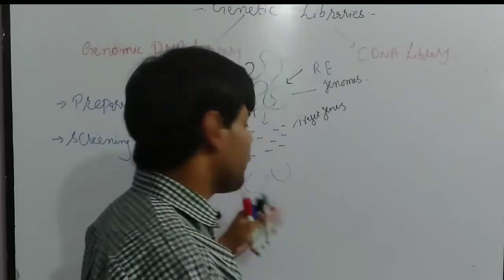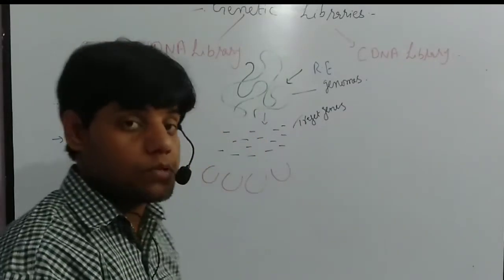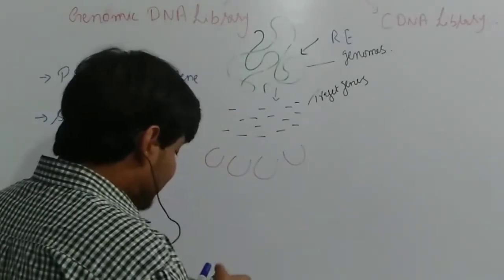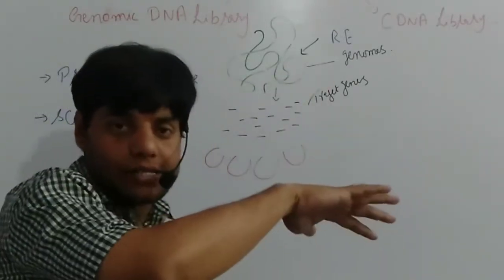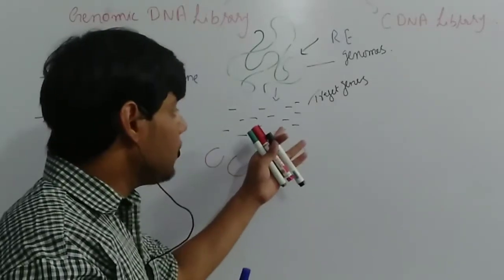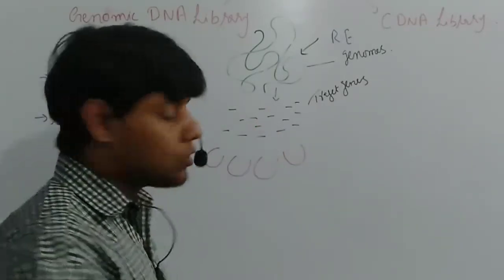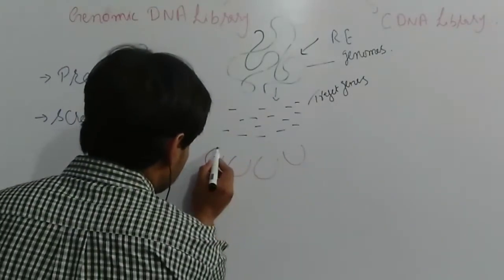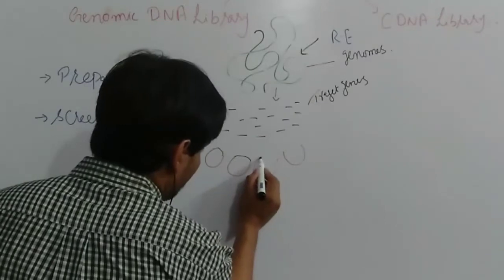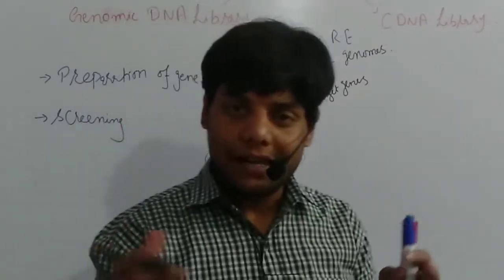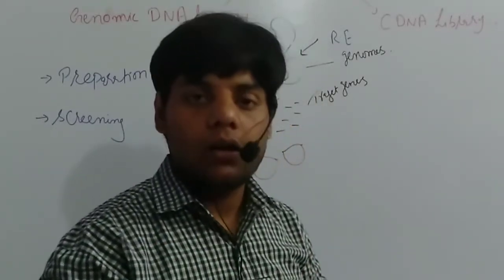We also treat the vector with the same restriction enzymes with which we treated our gene of interest. Then we add the ligase enzyme here also. Once we add the ligase enzyme and our target genes, our target genes bind with the vector, and ligation happens by the ligase enzyme.